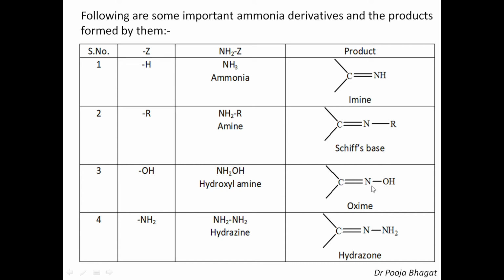These products are called oxime. So hydroxylamine will give oxime on reaction with carbonyl compounds. Now this is the fourth one. If this Z is NH2, then NH2Z will be NH2NH2. This is hydrazine.